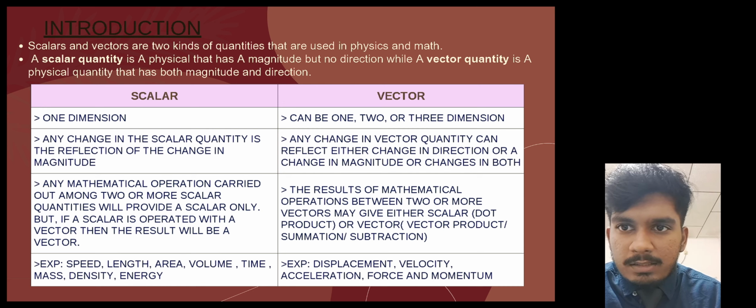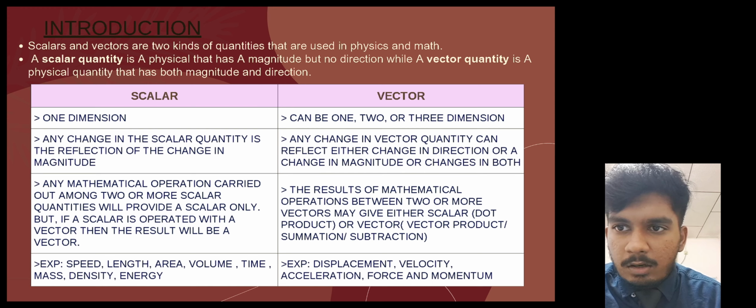In scalar, any change in the scalar quantity is the reflection of the change in magnitude. However, any change in a vector quantity can reflect either a change in direction, or a change in magnitude, or changes in both. In scalar, any mathematical operation carried out among two or more scalar quantities will provide a scalar only, but if a scalar is operated with a vector, then the result would be a vector.